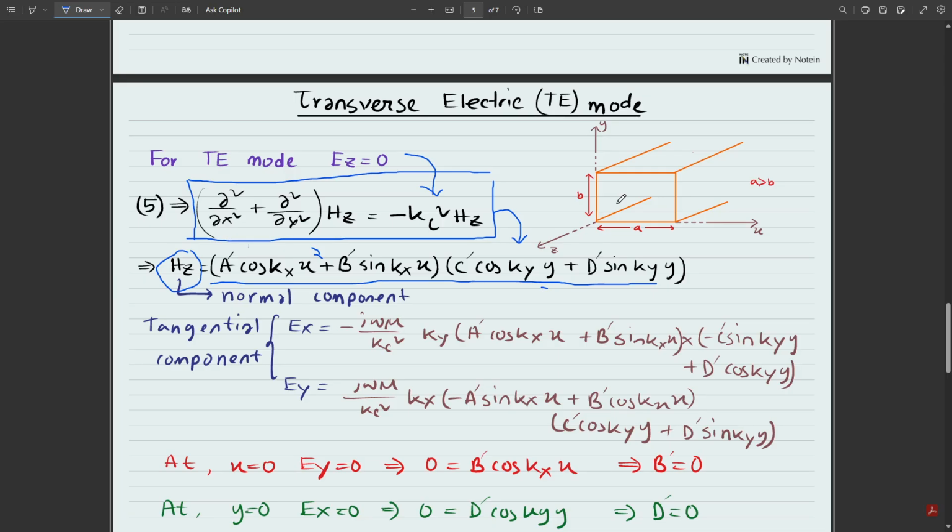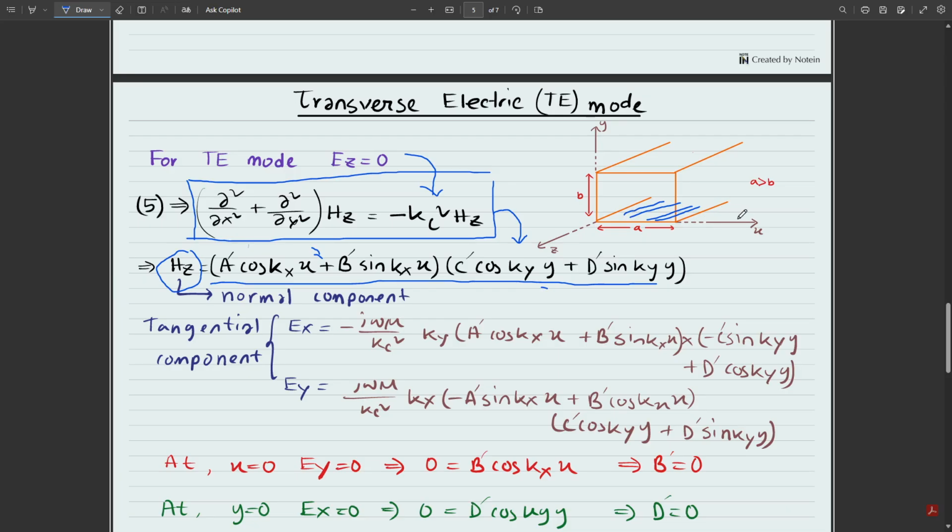To fit in our boundary conditions, we need the tangential components. For example, if this is the plate in the xz plane, at y equals 0, the tangential component is towards the x direction.